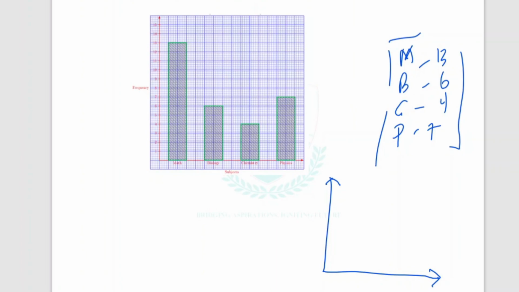Usually, since these are the number of students, they will come in the number of subjects. These are subjects. Subject will come on the horizontal scale, and then on the vertical scale we shall have the number of what?